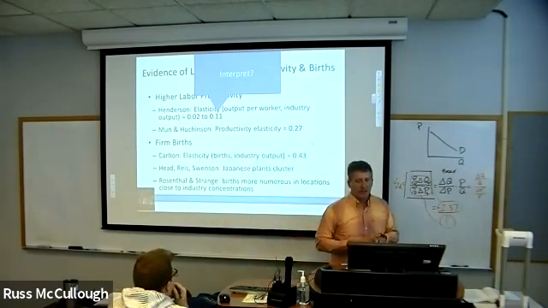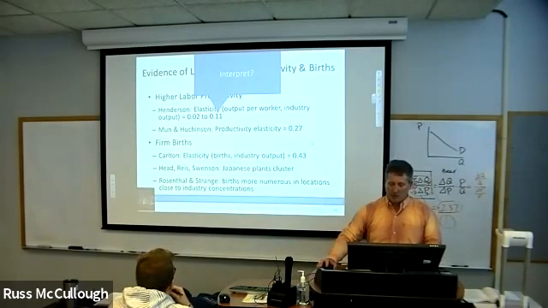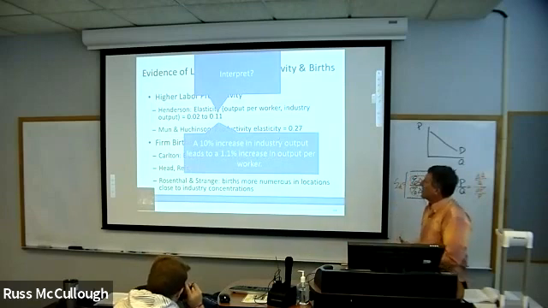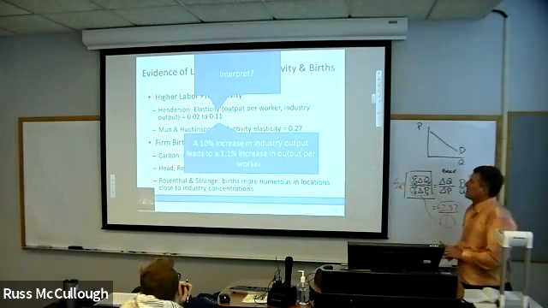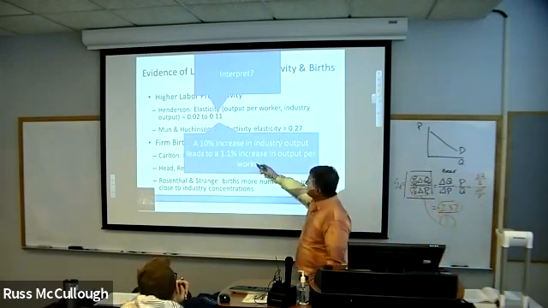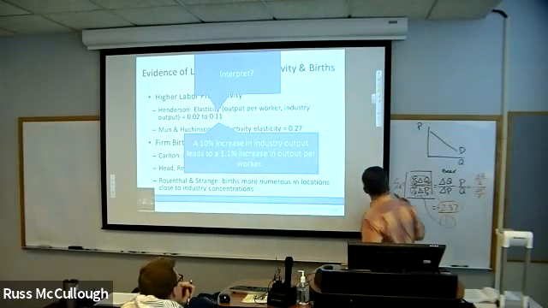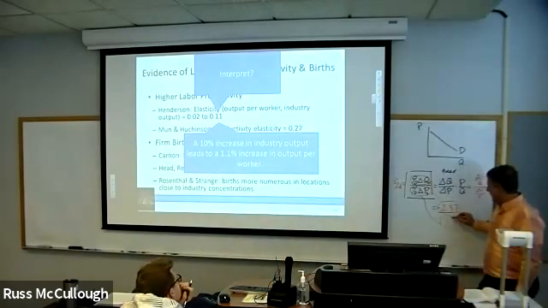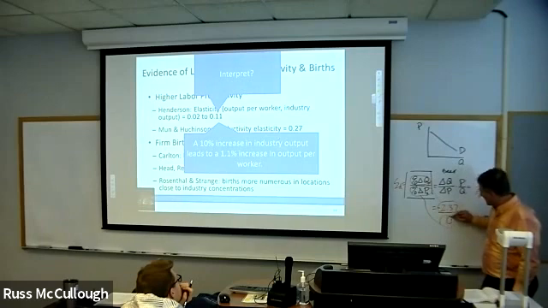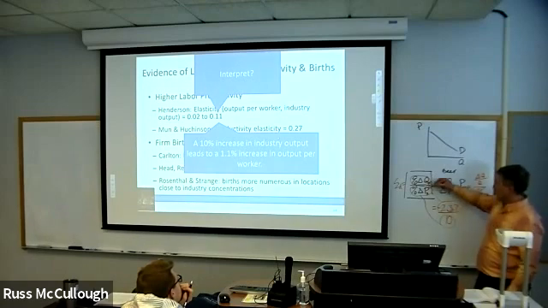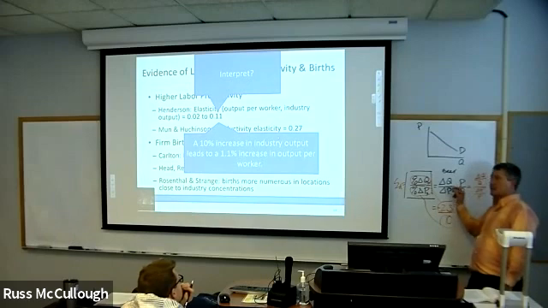So on this particular elasticity, we got output per worker and industry output. We can put it over 10 or we can put it over 1. So with this example I just used, I could say a 10% increase in price and then shift this decimal place over here. So a 10% increase in price leads to a 23.7% decrease in quantity.